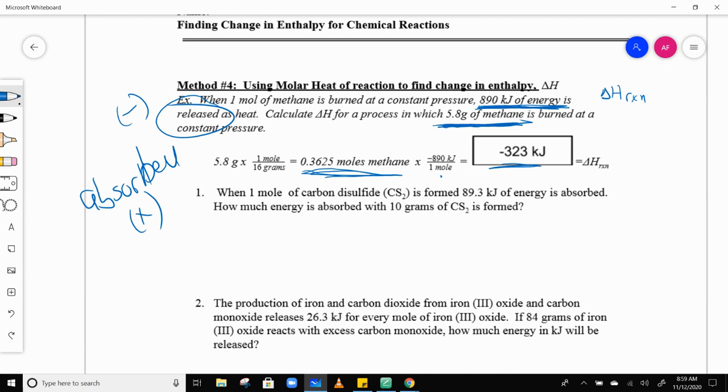Okay, so number one, when 1 mole of carbon disulfide is formed, 89.3 kilojoules of energy is absorbed. How much energy is absorbed when 10 grams of CS2 is formed? So first thing, because this is given in kilojoules per mole, we need to convert this to moles. So 10 grams of CS2, 1 mole is 76 grams.